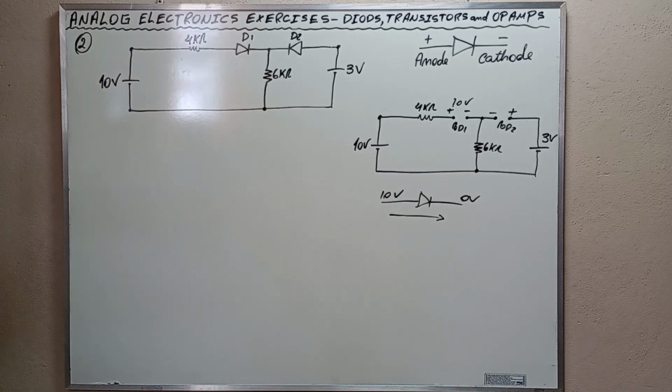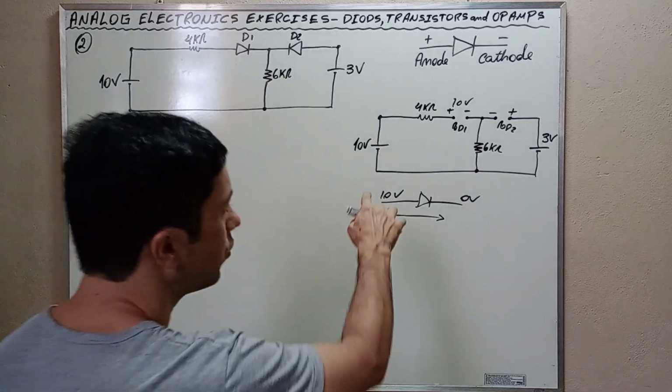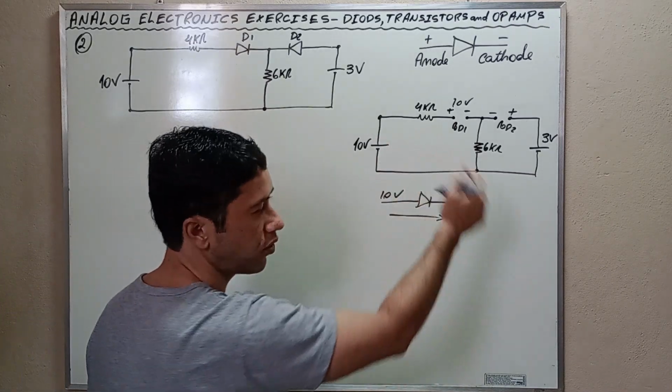And it causes, observe, back then we observed that when D1 is on, the voltage across the 6 kilo ohms resistor is 6 volts, causing its cathode to be higher in potential than its anode by 3 volts. It's going to conduct.